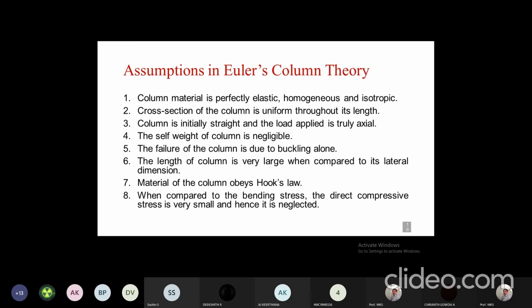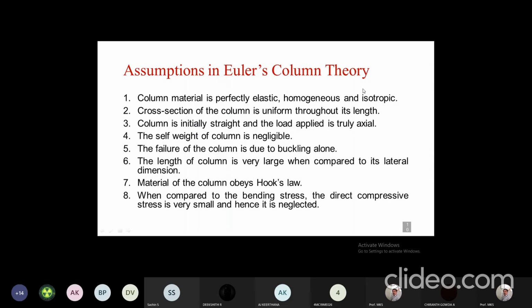So these are the assumptions for any of the derivations which are asked. Write the assumptions for Euler load and derive the expression for any of the end conditions. The assumptions remain the same, so you need to write these assumptions and continue with the derivation. These are the assumptions made in Euler column theory for buckling load for any of the end conditions.